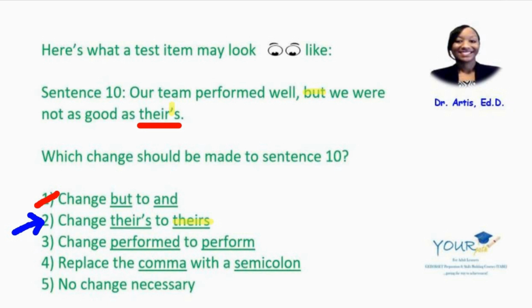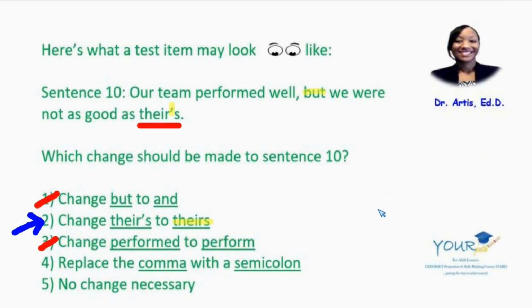We can also look at options 3, 4, and 5, in order to eliminate them. So option 3 states change performed to perform. Here we have past tense. We have performed here as well as were, and so we are speaking in the past tense, and so therefore we're not going to make any changes here, so we're going to eliminate option number 3.